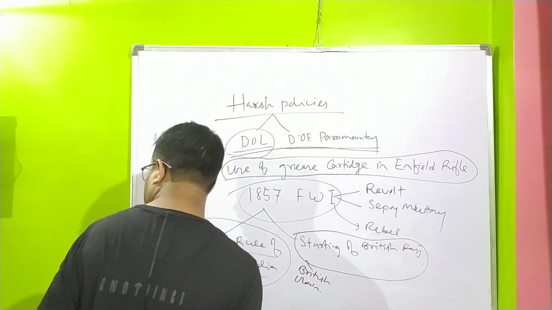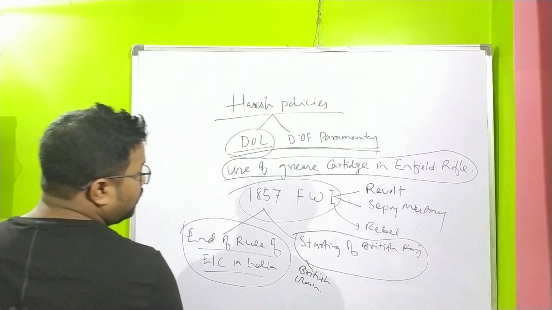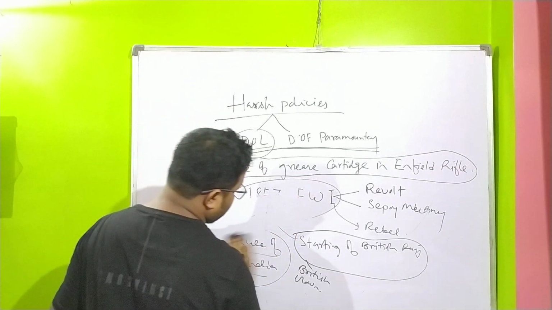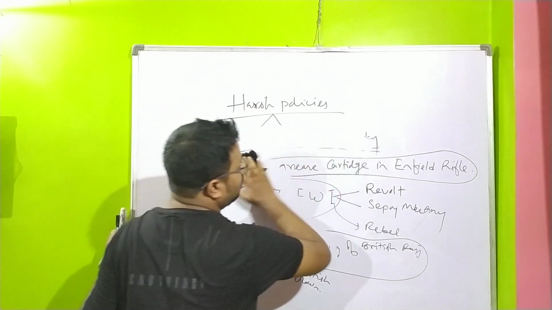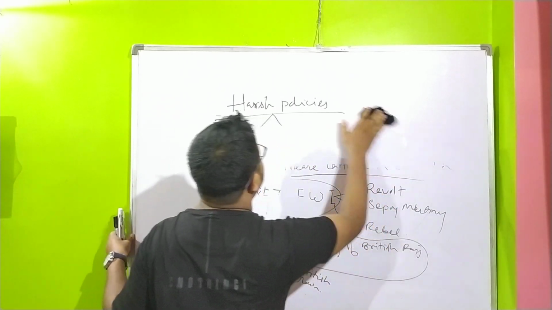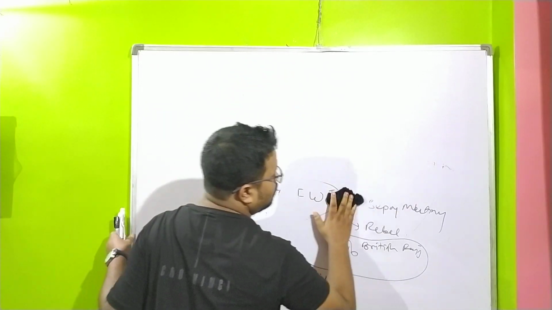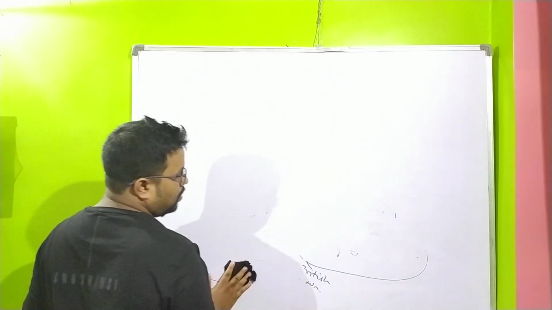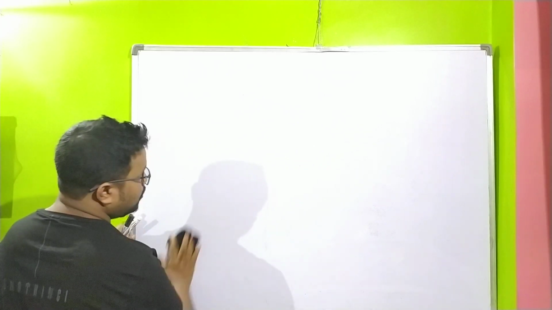And when India came directly under the British Crown, they first passed one of the important acts to rule India, and that act was what?